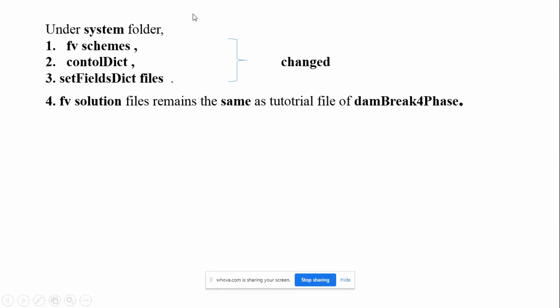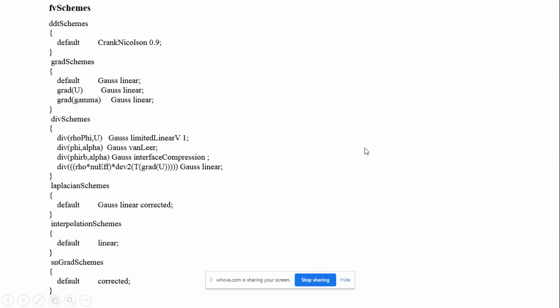Under the system folder, the fvSchemes, controlDict, and setFieldsDict files have been changed from the base files of the damBreak4phase tutorial, but fvSolution remains the same as in the damBreak4phase tutorial. In fvSchemes, the temporal discretization is done through Crank-Nicolson, and the rest of the change I have made is in the divergence schemes. For U and alpha, you can check which ones let the simulation run smoothly.